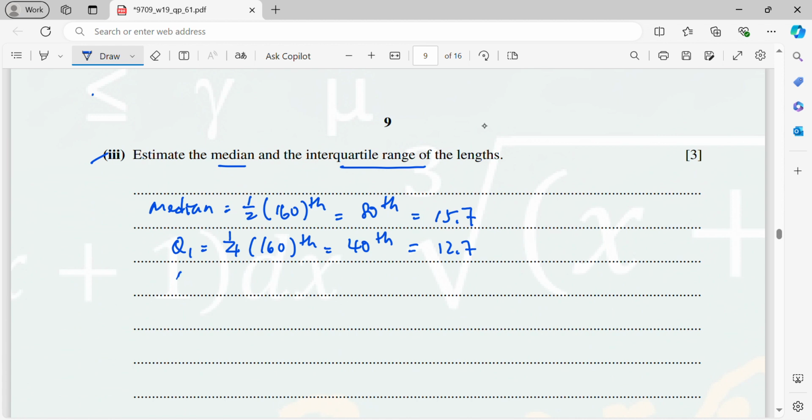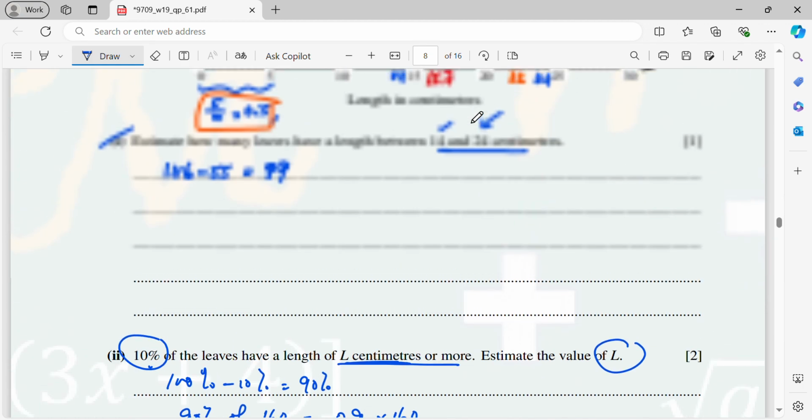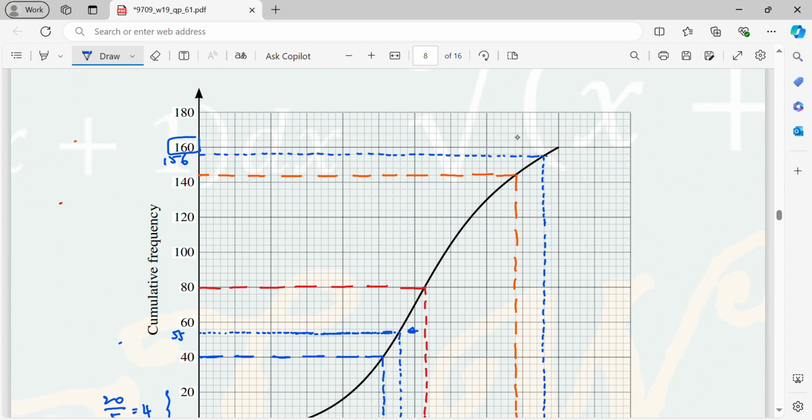Then your Q3, that is 3/4 of the total. So you times 3 by 40, that is 120. So read 120. 120 is over here.